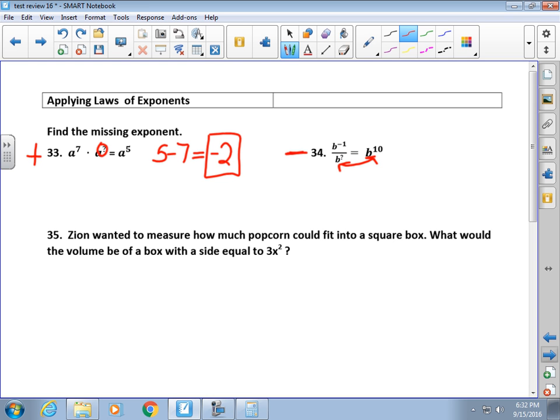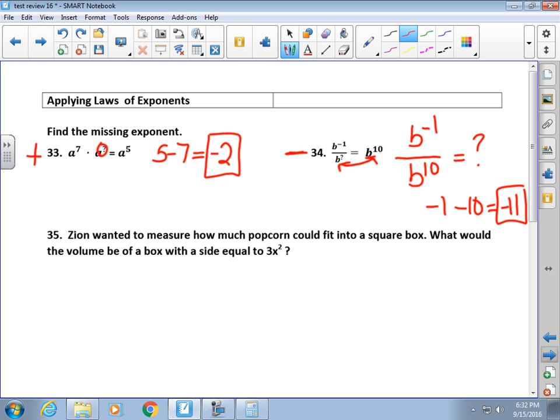So you're really going to have b to the negative 1 over b to the 10th equals what? So negative 1 minus 10 equals negative 11.